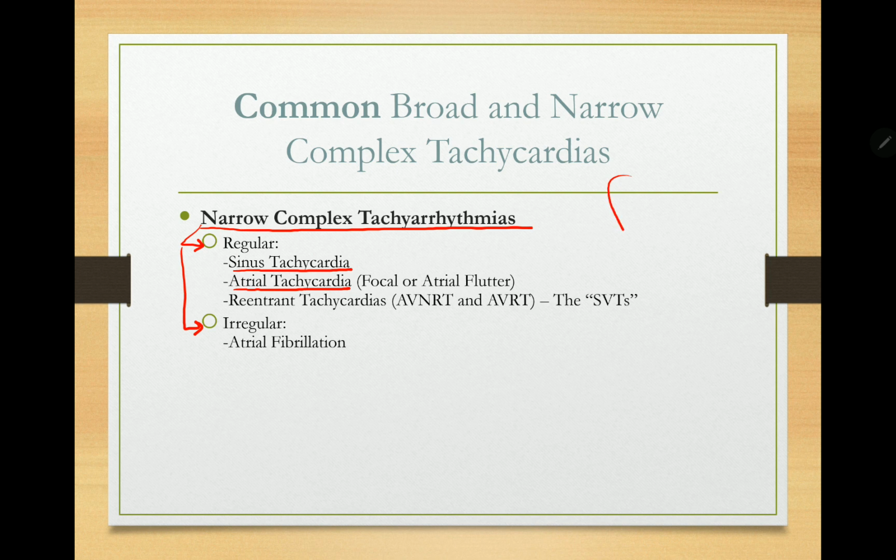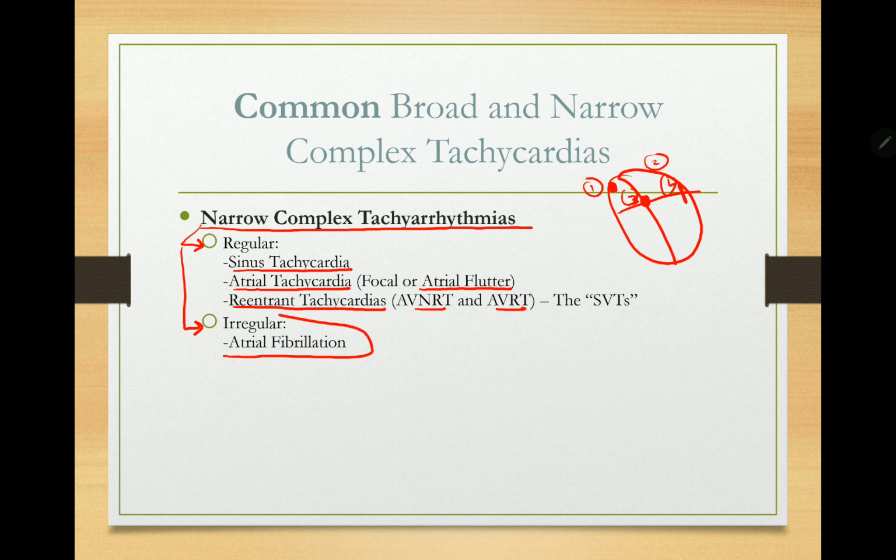So either the tachycardia is originating from the SA node or from the atria, or they are originating around the AV node, or using the accessory pathway. So 1, 2, 3, and 4. The sinus tachycardias, atrial tachycardias, more important of which is atrial flutter, and the re-entry tachycardias, which is AVNRT or AVRT, the SVTs. Irregular, of course, the most common one is atrial fibrillation.